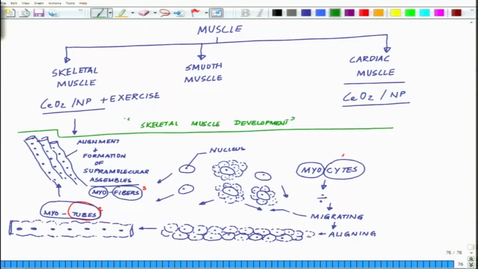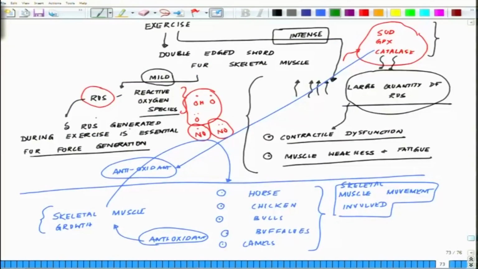Now there is something else which is happening. We know that skeletal muscle generates force. If you recollect, when we talked about exercise as a double-edged sword, we talked about the ROS, reactive oxygen species, which is generated during exercise and is essential for force generation.